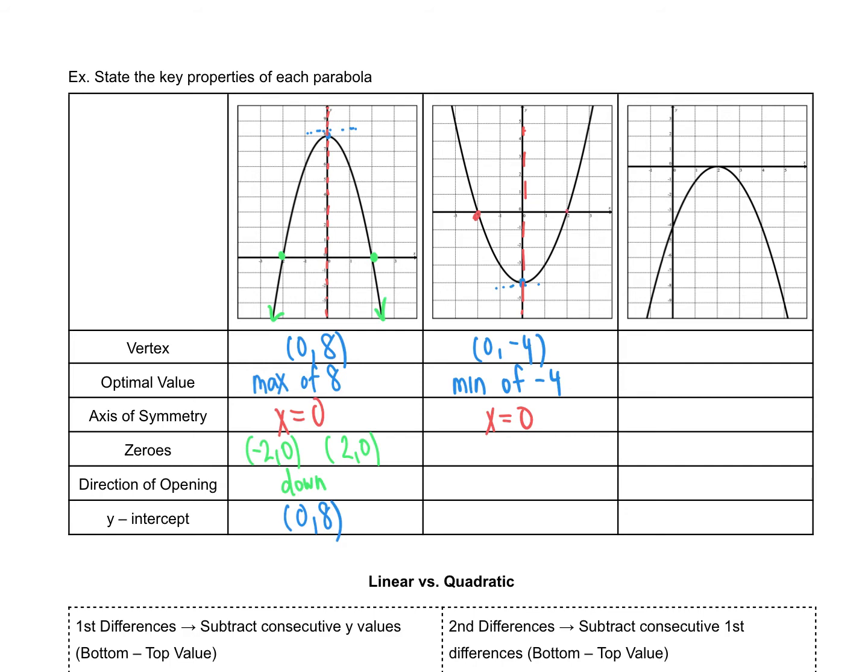And the zeros are actually the same as in the other example, so -2, 0 and +2, 0. This parabola does open upwards, so here are my arrows, and the y-intercept is actually the same as the vertex, so 0, -4.